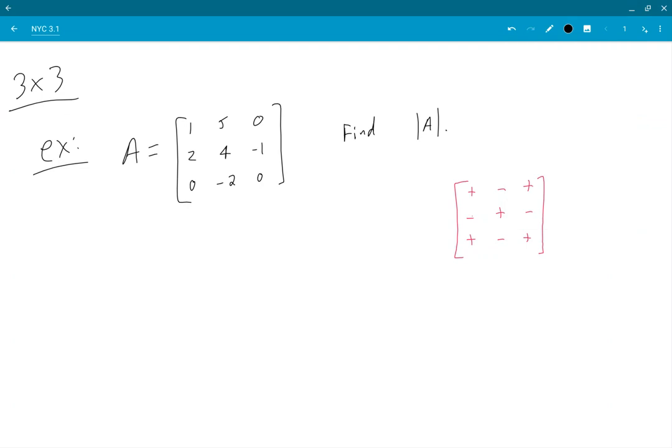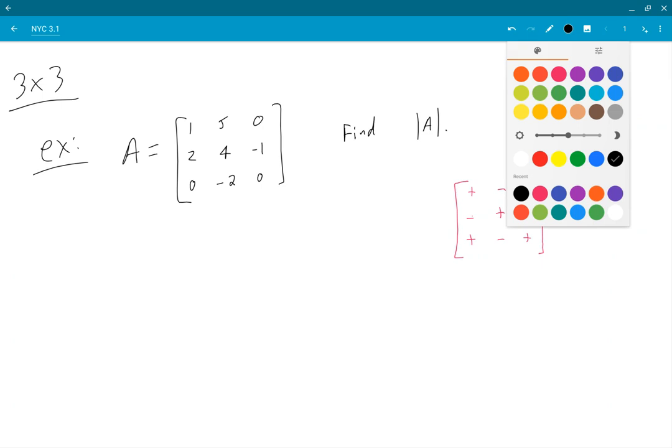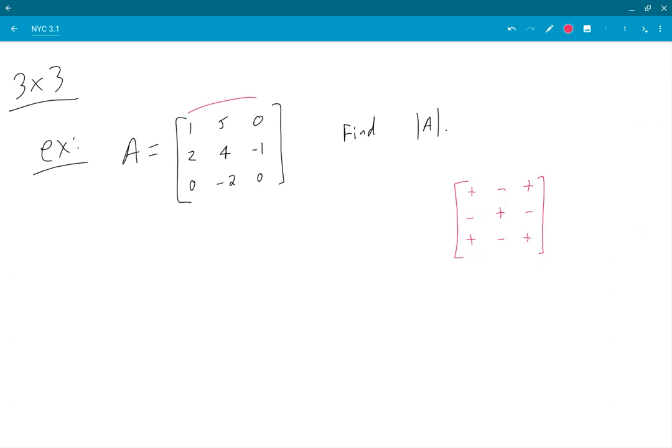So for the determinant of A, what are we going to do? We are going to start with the first row, and we're going to go left to right. So I got 1, and I got 5, and I got 0.